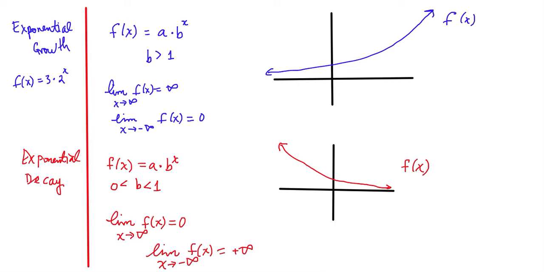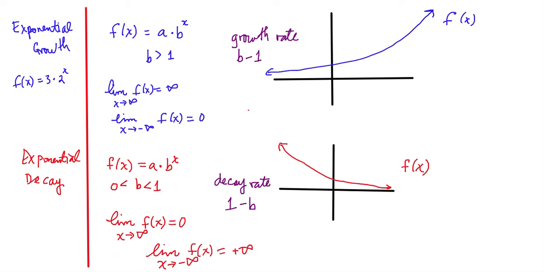In both of these cases, there is a concept called the growth rate and the decay rate. The growth rate is b minus 1, and it is often expressed as a percentage. And here the decay rate would be 1 minus b.